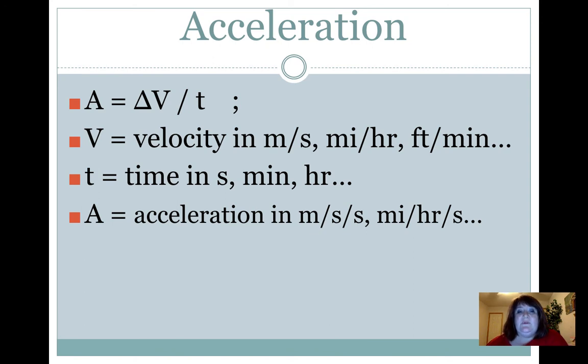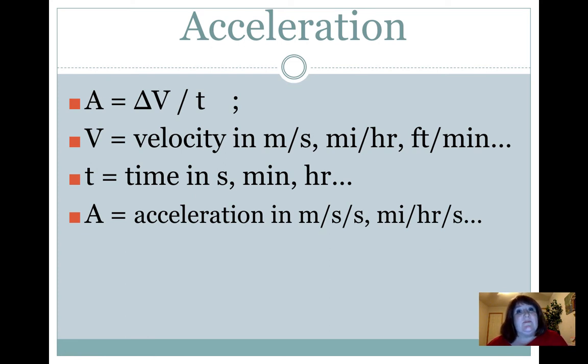And therefore, because velocity is already a mixed unit, acceleration is a double mixed unit. It is a meter per second per second, or a mile per hour per second. It's a change in velocity over time. Remind me in class to show you the triangle of power for acceleration.